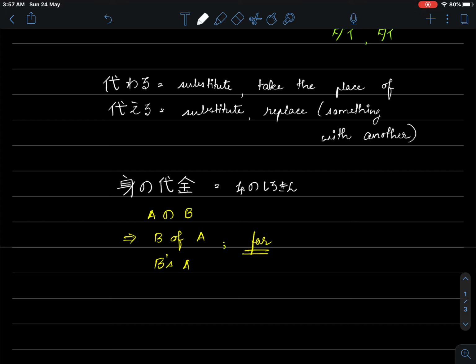So what is substitute money for person? What kind of situation do you imagine you would need to pay someone as a substitute for a person, or you have to pay them money and then get a person back in return? It is the case of kidnappings or a hostage situation, and this word means ransom.